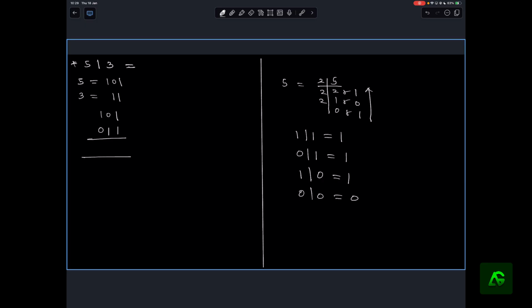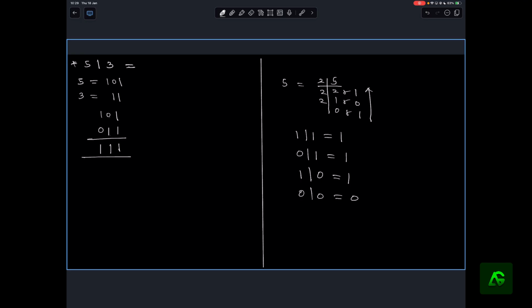Now this is what we use as a guide for what we want to do. 1 or 1, bitwise or of 1, we have it to be 1, right? So you write 1. What is 0 or 1 in this case? It's still 1, right? And 1 or 0 is still 1 here, right? So this is the binary form of this. So we have the binary form for 5 or 3 to be 111.